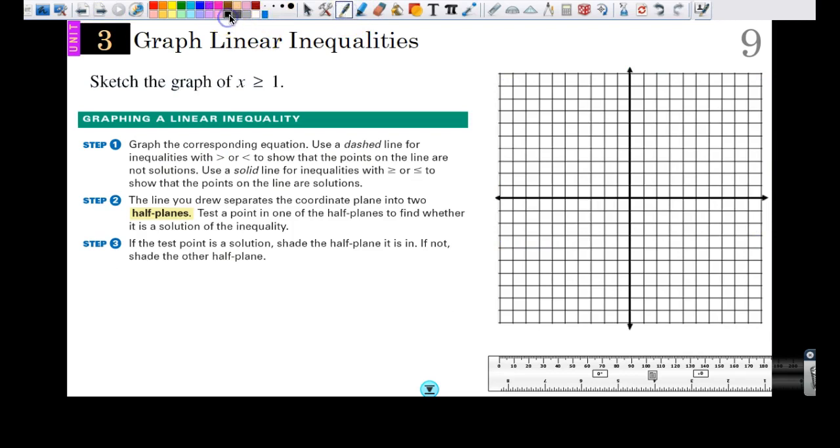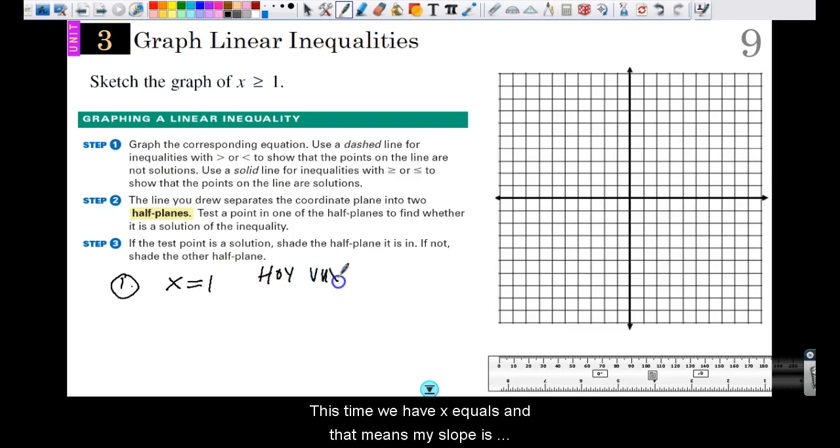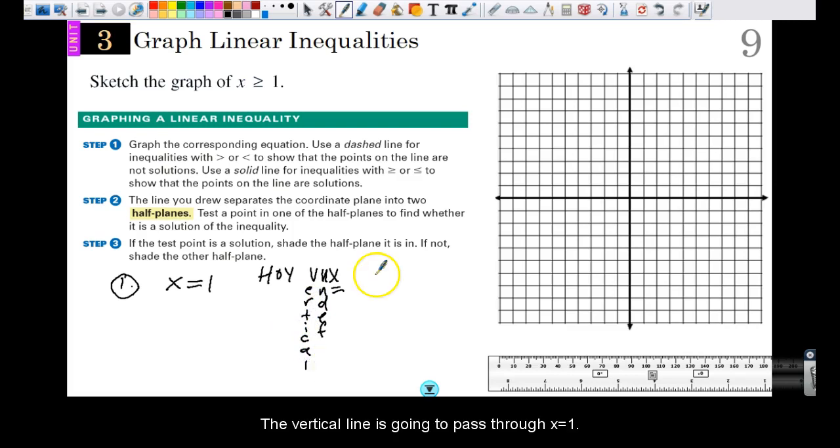Let's do another one. Step 1, make it an equation. So I'm going to make x equals 1. And to graph x equals 1, again, I'm going to use HOY VUX. And this time we have x equals. And that means my slope is undefined, which means that it's going to be a vertical line. And the vertical line is going to pass through x equals 1.